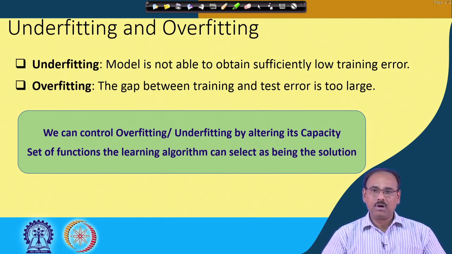I may have to go for functions of higher order, maybe quadratic, maybe cubic, or even fourth order, fifth order, and so on, which is known as the capacity. So, if I control the capacity or the set of functions the training algorithm can adopt as required, then possibly we can have control over the overfitting and underfitting problems.